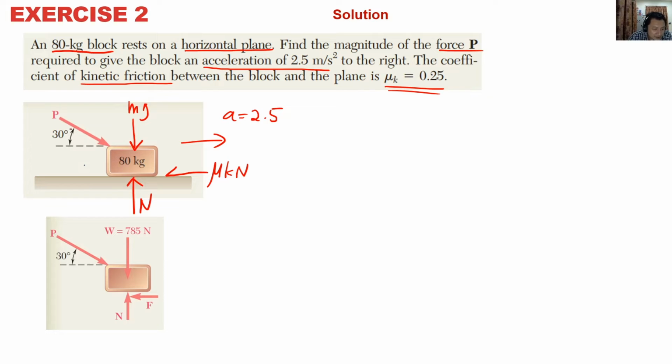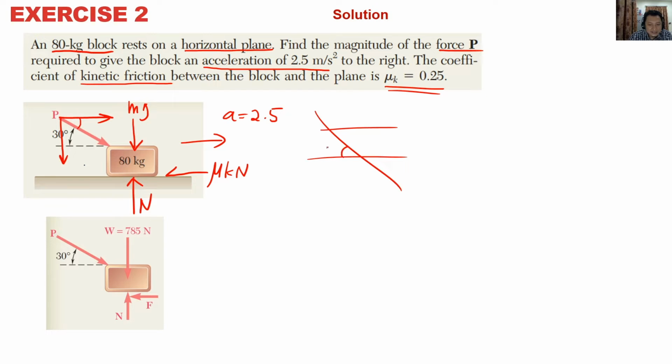So when we are talking about P, you know lah this action, this action and this action. This is 30 so this will be 60. Okay, so this is 30. This is 30 also, right? 30 lah, like that.